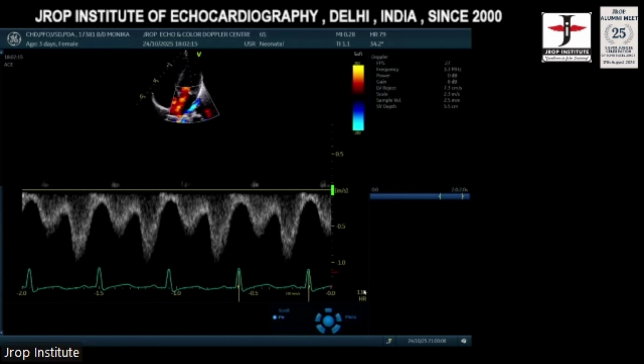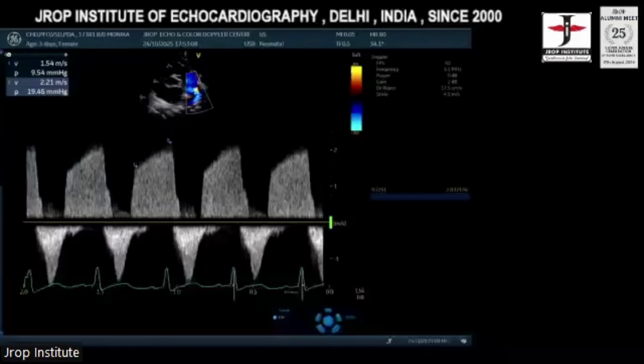It'll tell you the heart rate. It'll tell you so many things. Look, this is PDA flow. The PDA flow is distinctly during diastole, not during systole. If this PDA flow had been during systole also, what does it mean?